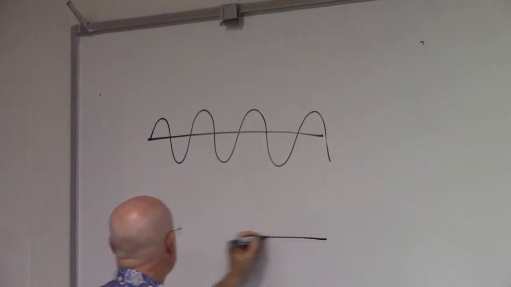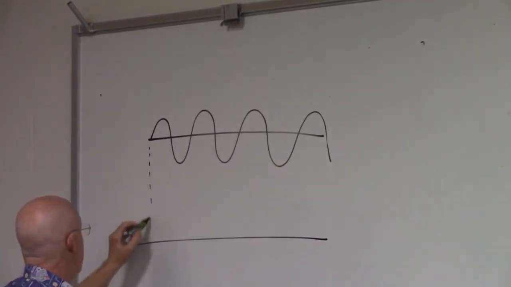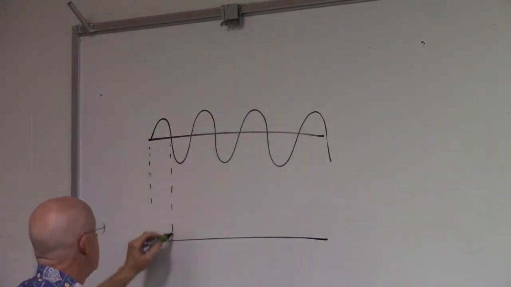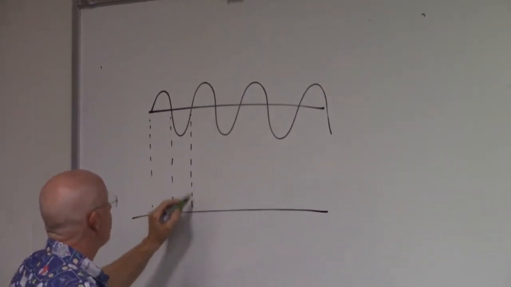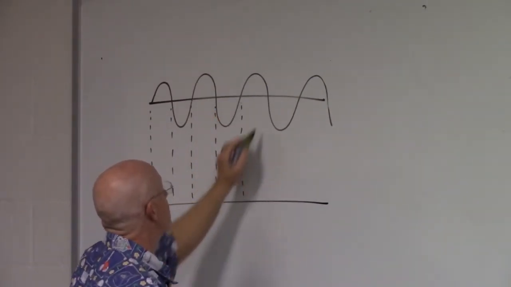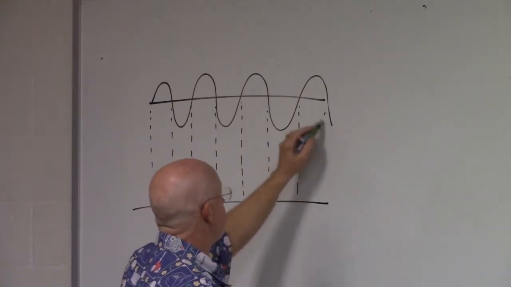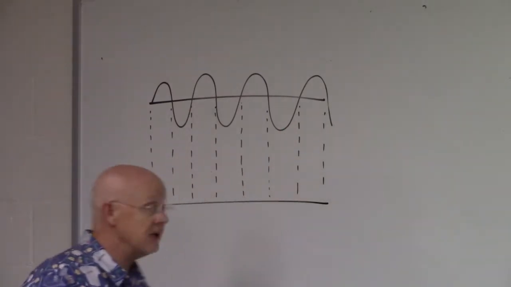And the second wave is going to have exactly the same wavelength, the same frequency, the same velocity, moving in the same direction, but it's going to be a little out of phase.